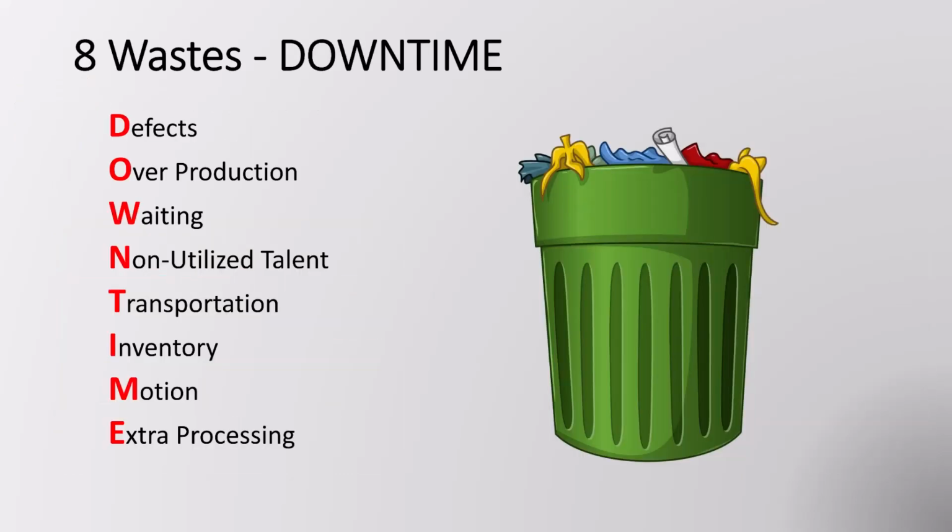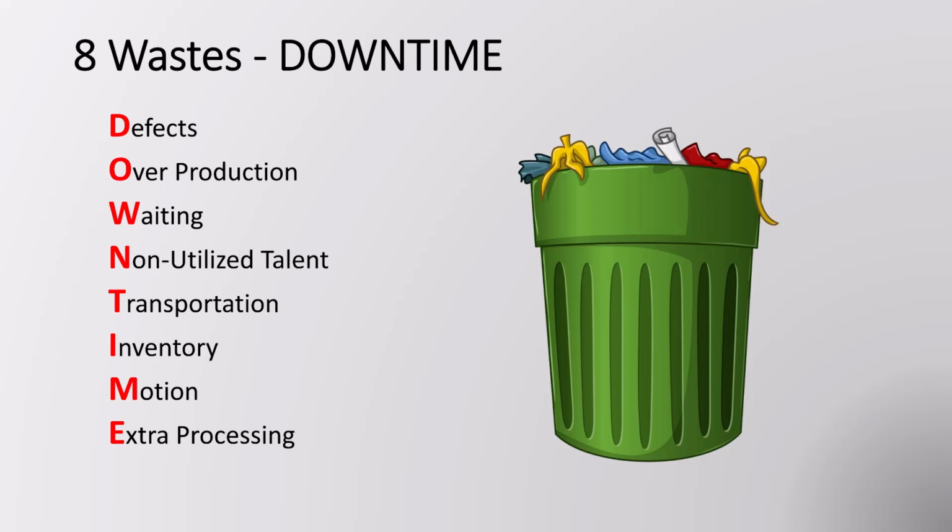Now, if you're not familiar, the 8 wastes is a way of categorizing different types of activity that we would call non-value added. We'll get to non-value added in a second, but just know right now that we have 8 different types of wastes, and we spell out this nice anagram that we call downtime.